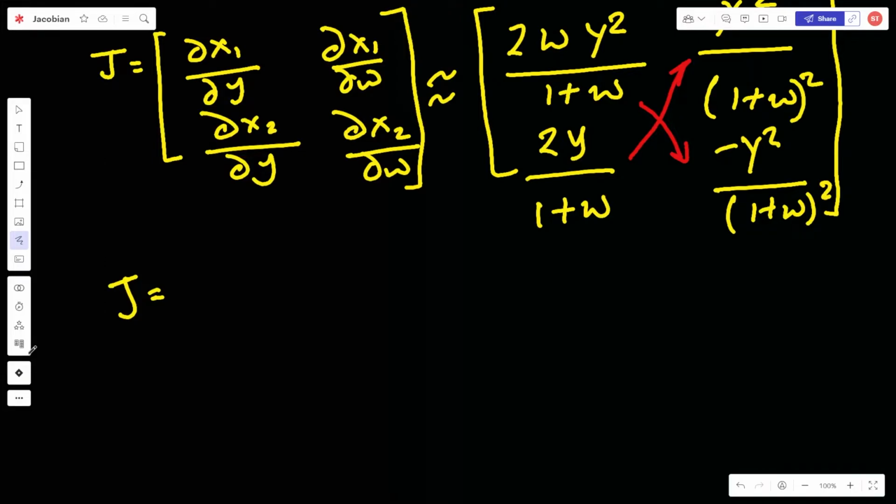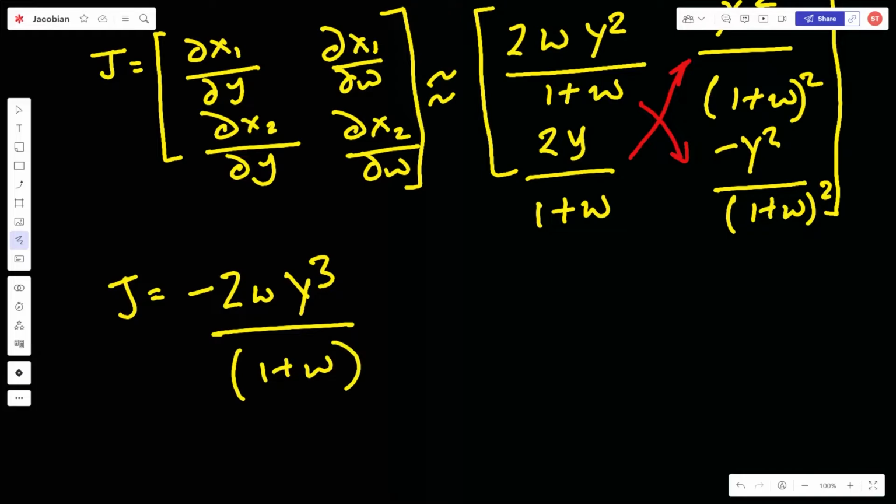Multiplying these two values gives us negative 2 times w y cubed all over (1 plus w) cubed, and then subtracting the product of these two values, you will have negative 2y cubed divided by (1 plus w) cubed.